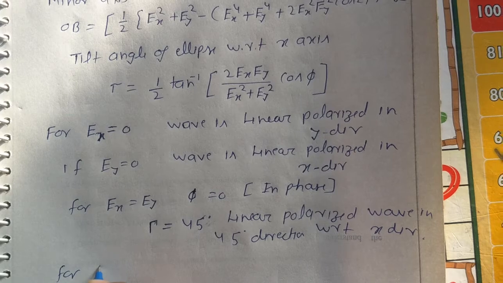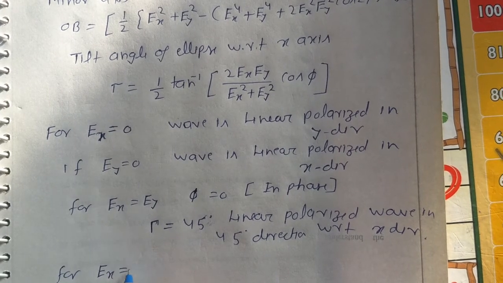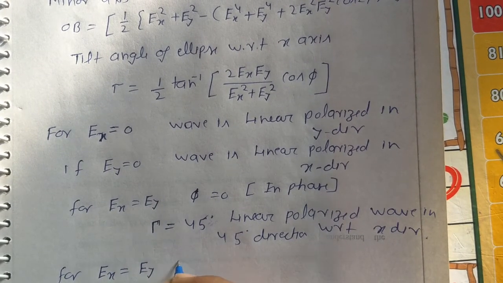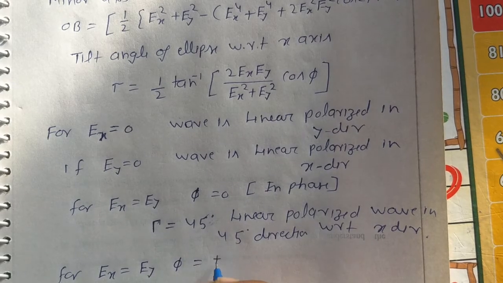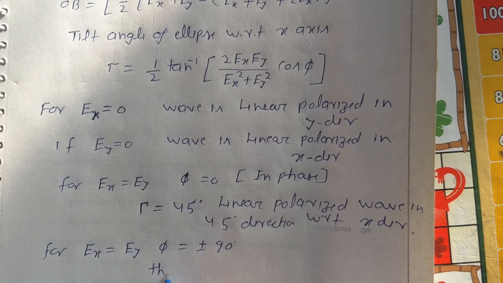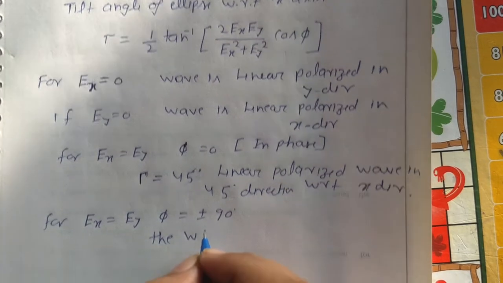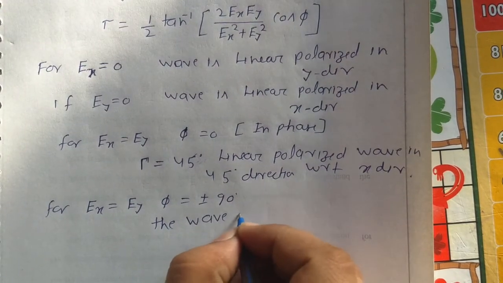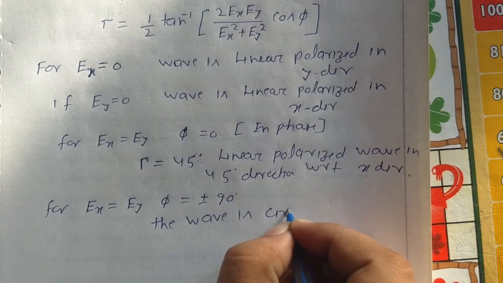For Ex equal to Ey and phi equal to plus minus 90 degrees, the wave is circular polarized.